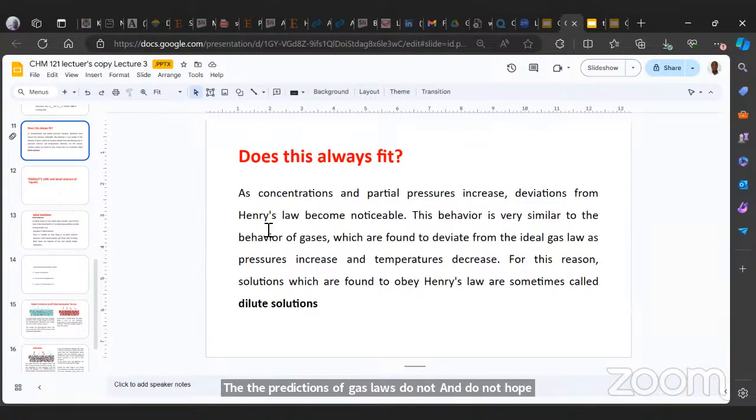For many gas laws, there are usually points of deviation. Only ideal gas obeys all the gas laws 100%, but real gases have points of deviation from all the gas laws. So Henry's law is not an exception.